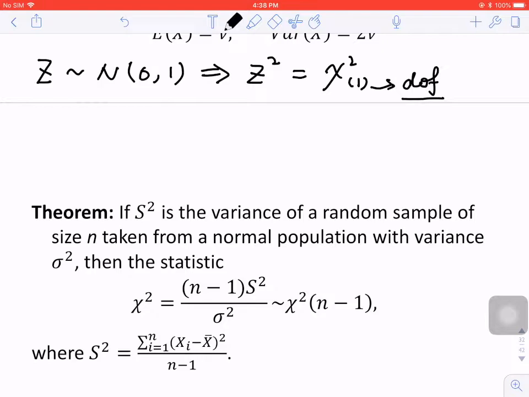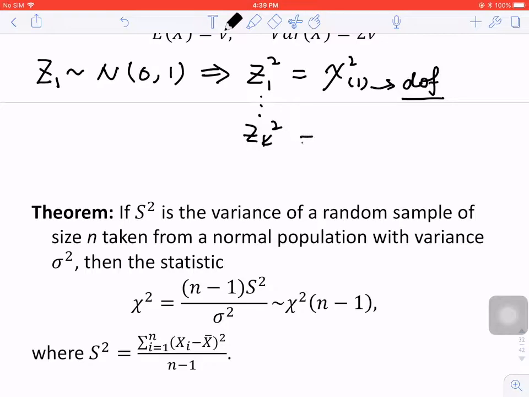If I have a bunch of such z's, say z1, then z1 squared follows a chi-square distribution. Say I have k such standard normal random variables: z1 squared, z2 squared, until zk squared.